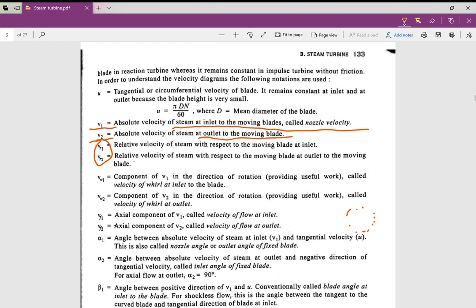Relative. Dear students, I give one example to you. Let us say a train is stationary, standing in front of you. Suppose you want to hit a particular window with a stone. There is a good chance you can hit a particular window of the stationary train.